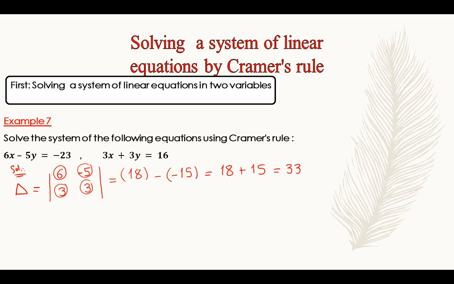So this is the first step. The second step is to find delta x. How can we find the value of delta x? By replacing the first column by the constants negative 23 and 16.